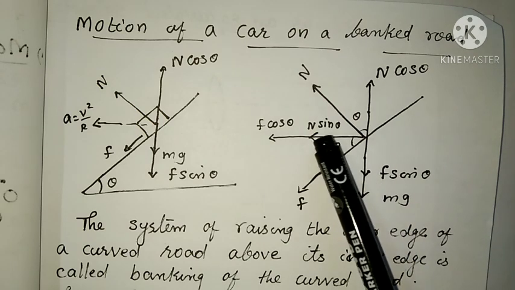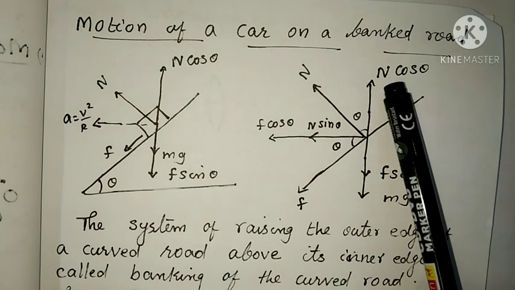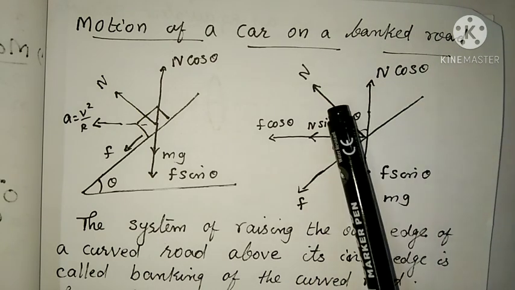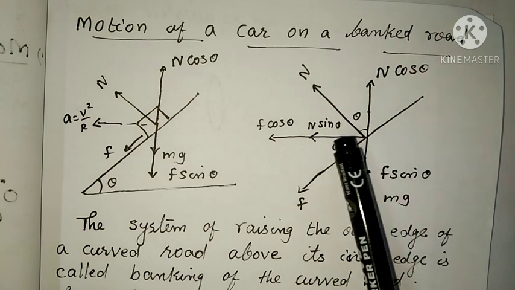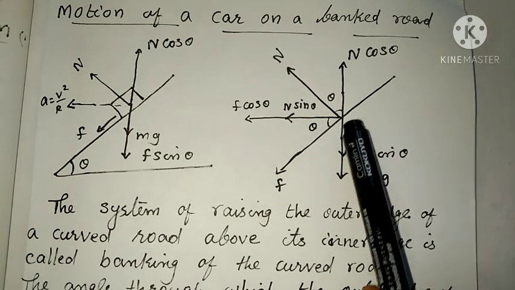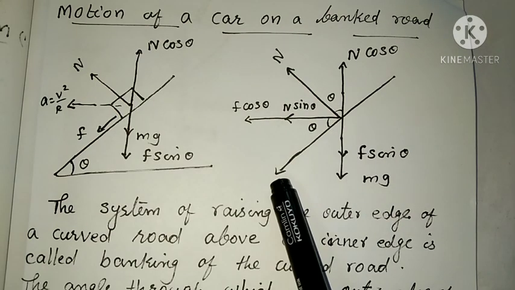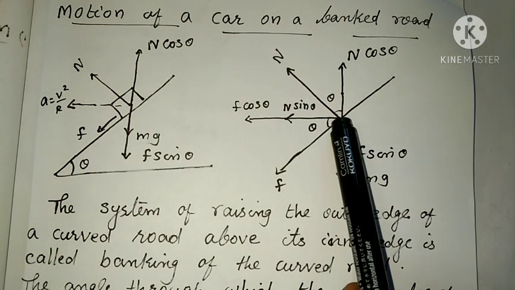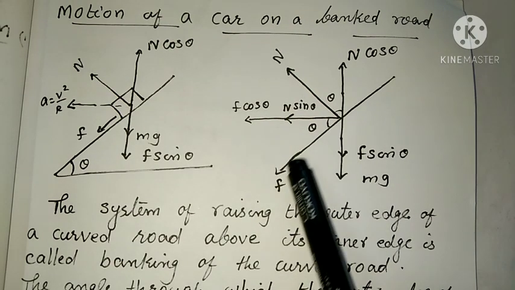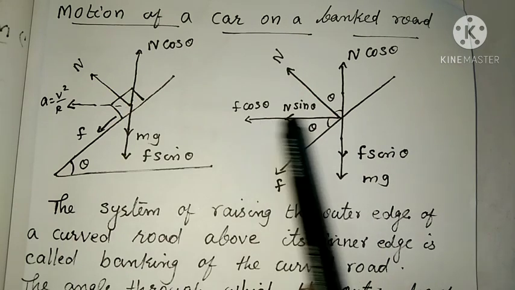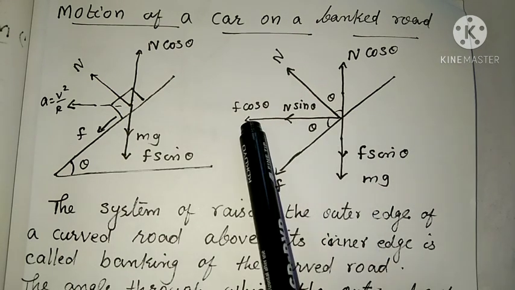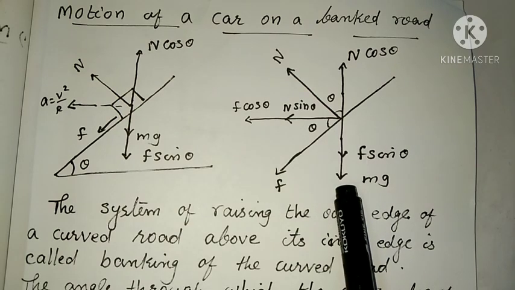So this normal reaction can be split into two components. You studied this in motion in a plane. What are the two components? N cos theta and N sin theta. The component near to N is the cos component, and the one far away from it is the sin component. Similarly, the force of friction F splits into F cos theta and F sin theta.